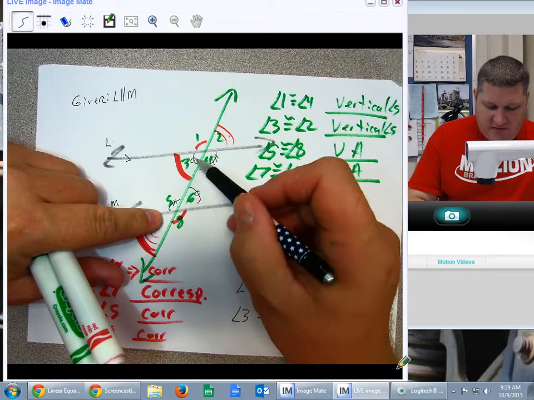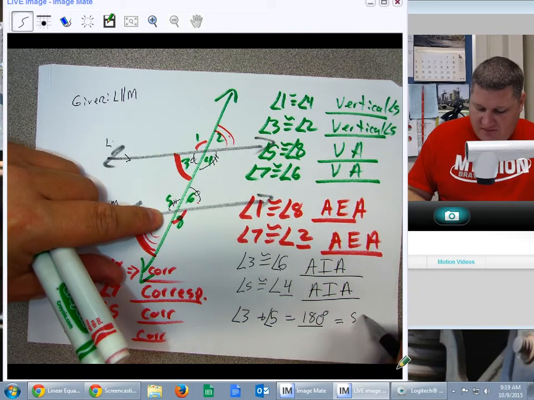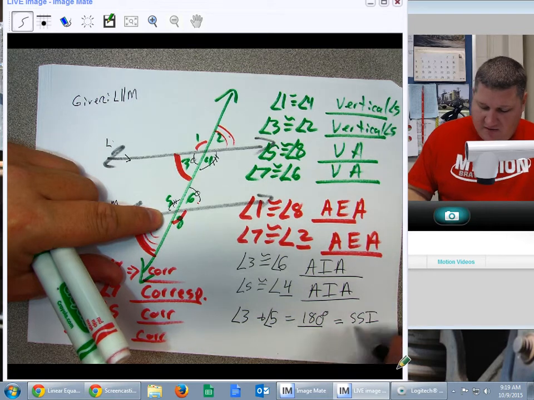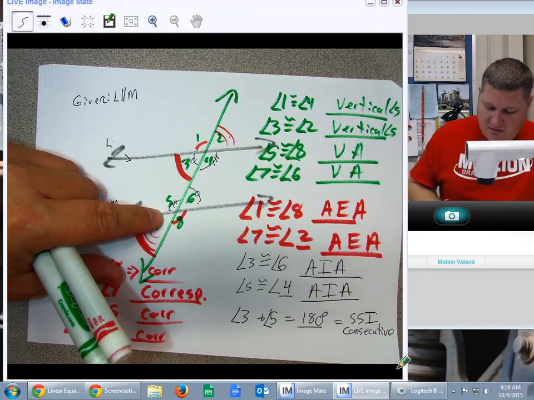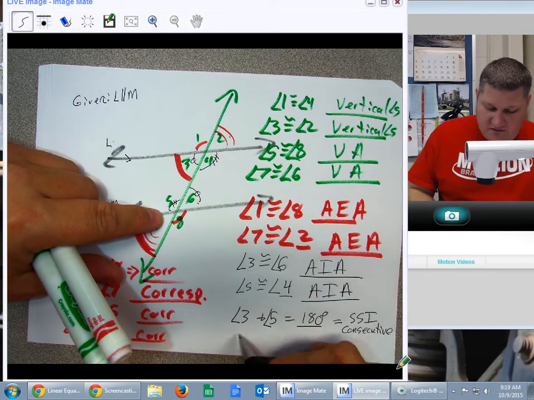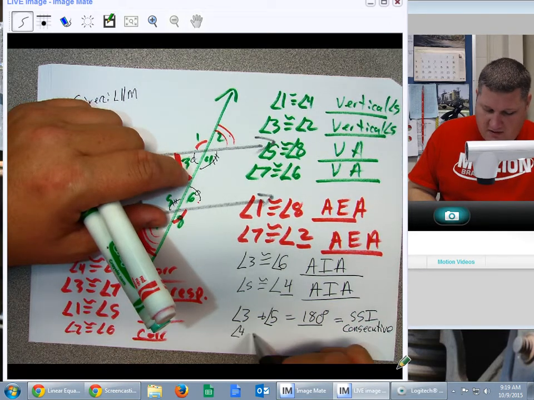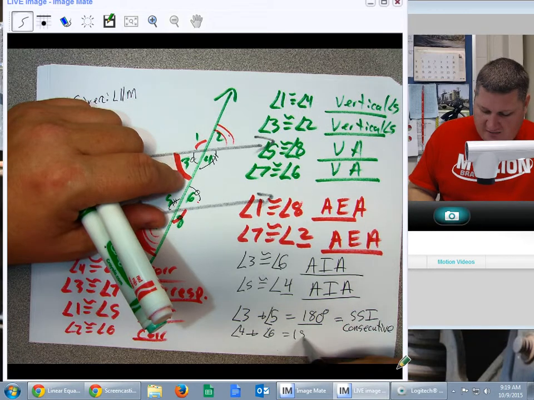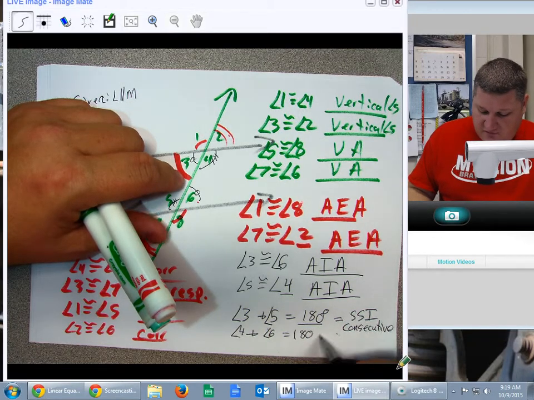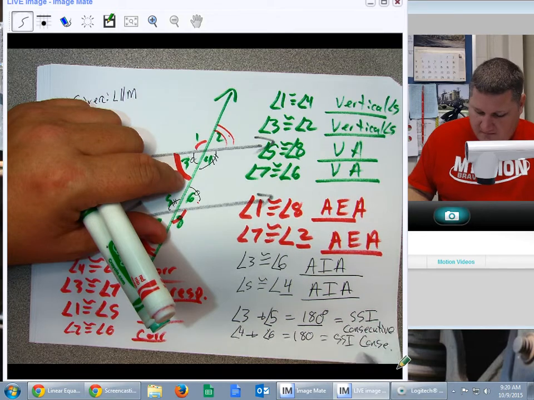These two together are going to add up to 180 degrees, and that's from same side interior angles. By the way, they're also called consecutive. All right, consecutive angles. So 3 and 5 are consecutive. 4 and 6 would also add up to 180 because they are also SSI or consecutive, okay?